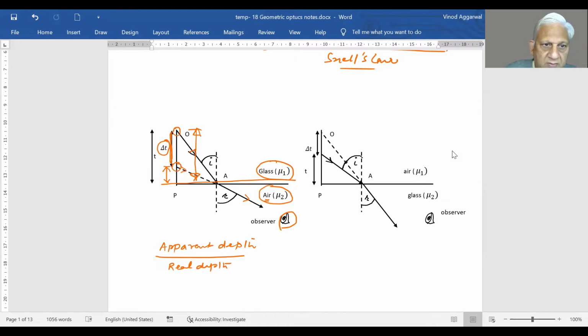This is our apparent depth, whereas this is our real depth. So this is equal to μ2 by μ1. This is our formula.